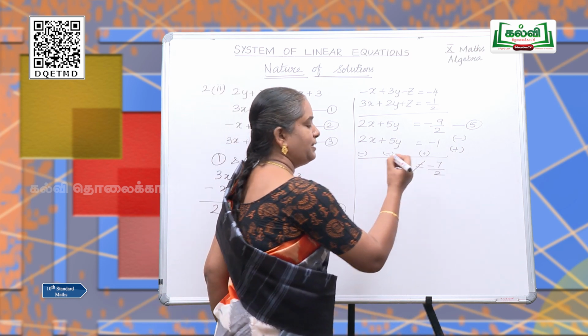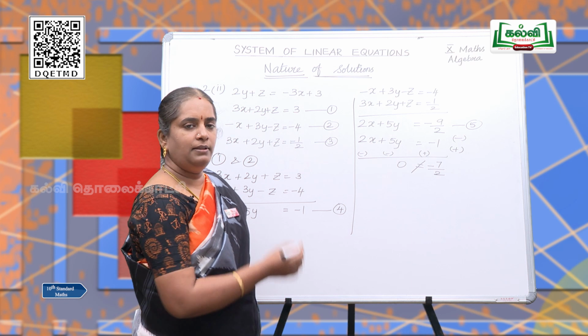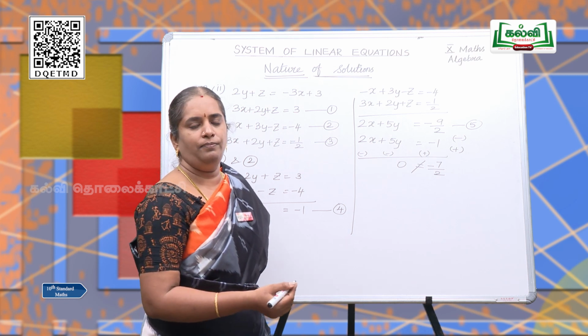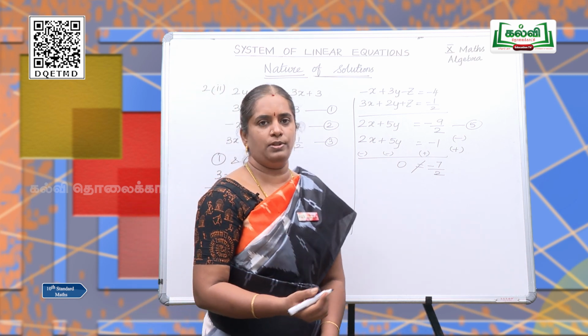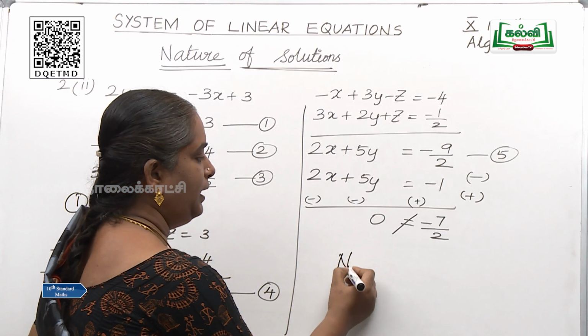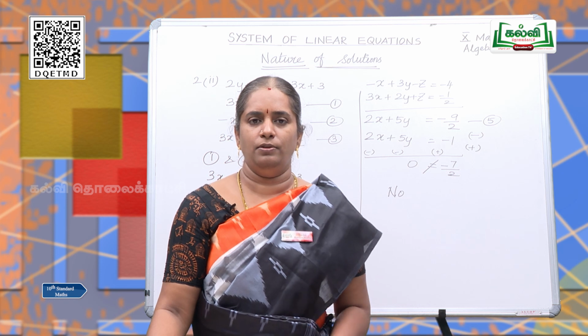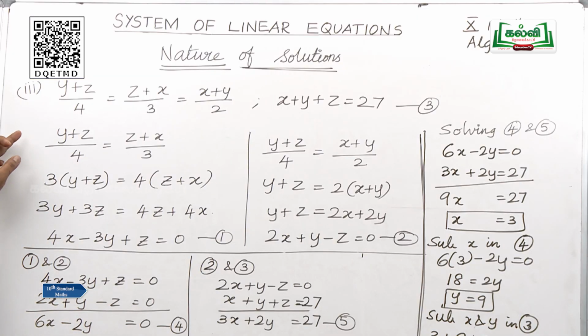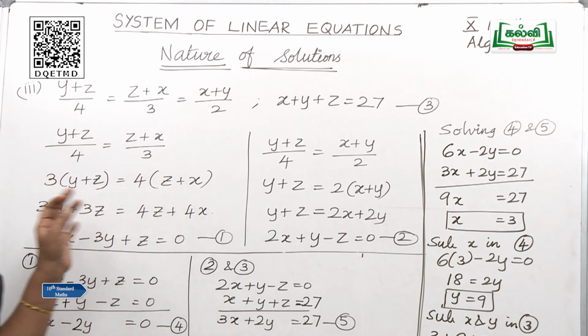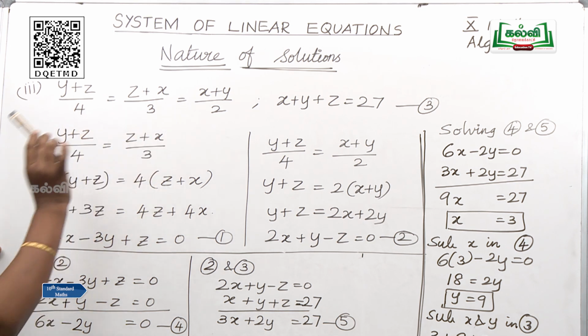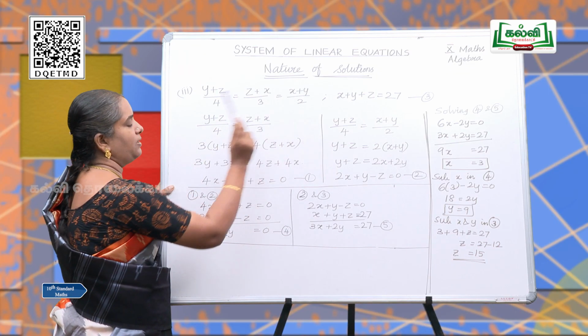This is a false statement, which says that this system is inconsistent, that is, it has no solution. So there is no point where all the planes meet. This is about the nature of the solutions. Look at the sum. This system has 3 equations. We are going to derive the first and second equations from this equation.